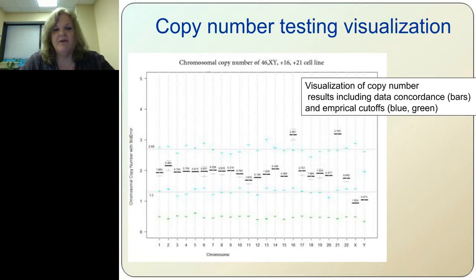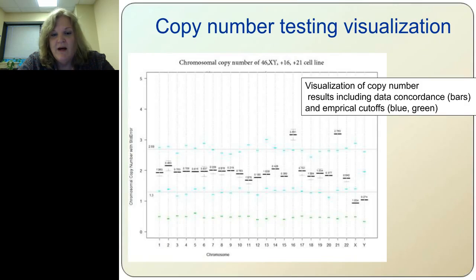So here's an example of one copy number testing visualization we use, and here's a cell line sample of +16 +21. This chart is just made in R, and the bars indicate the chromosomes, and you can see that 16 and 21 are elevated above the blue bars, which are empirically derived cutoffs for those chromosomes, and they're copy number 3.